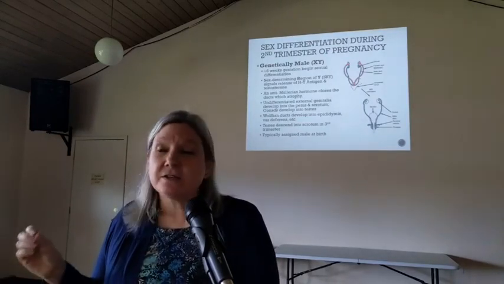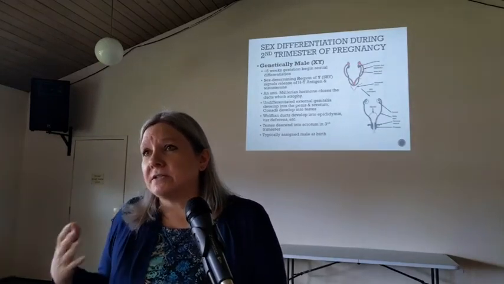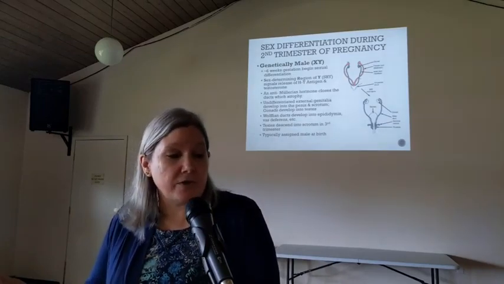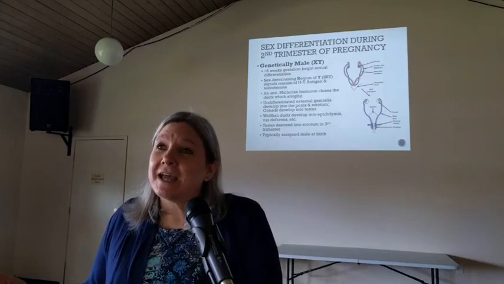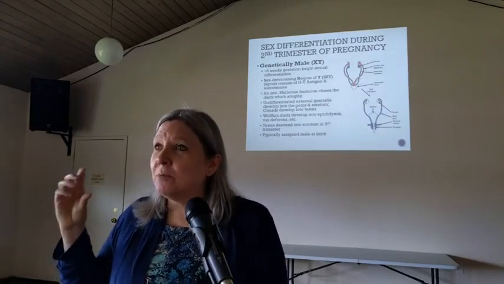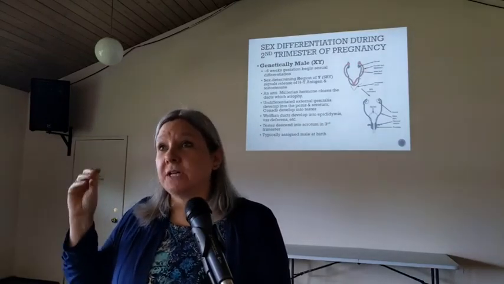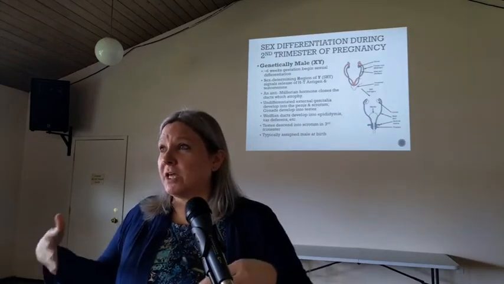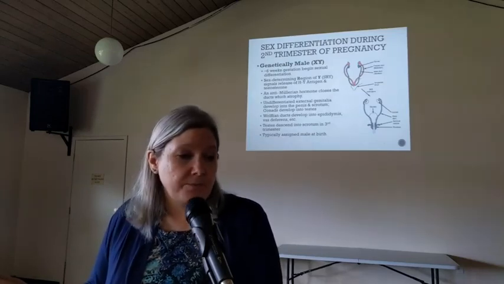So that signals the release of hormones, and the differentiation process begins for the biology. At this point also there's an anti-Mullerian enzyme that's released, so the Mullerian ductwork that was there before starts to decay, and the Wolffian ductwork begins to develop into the internal genitalia for a male.